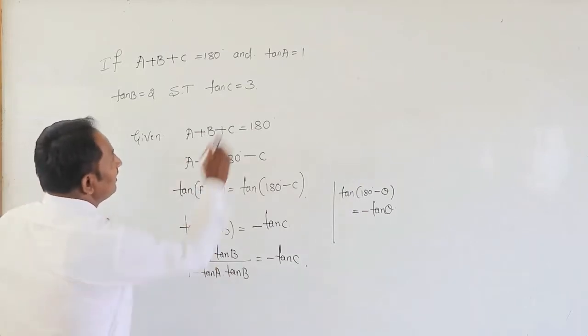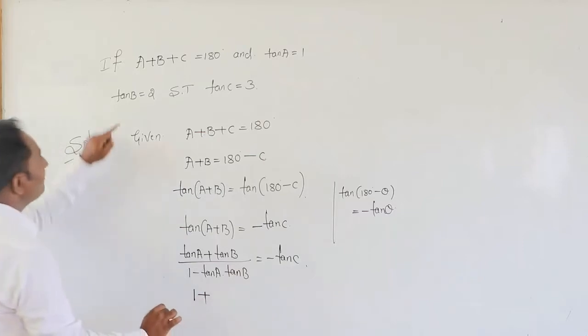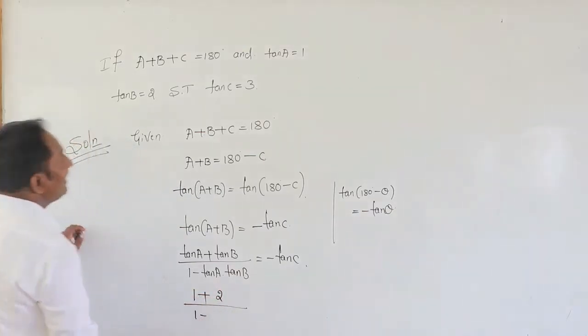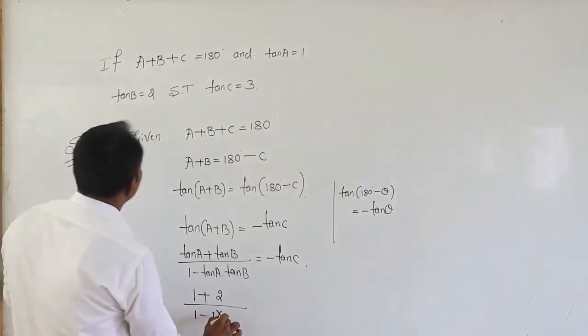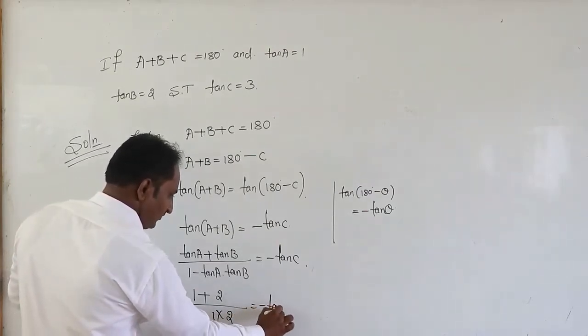Here substituting the value of tan a is 1 plus tan b is 2 divided by 1 minus tan a value is 1 into tan b value is 2 is equal to minus tan c.